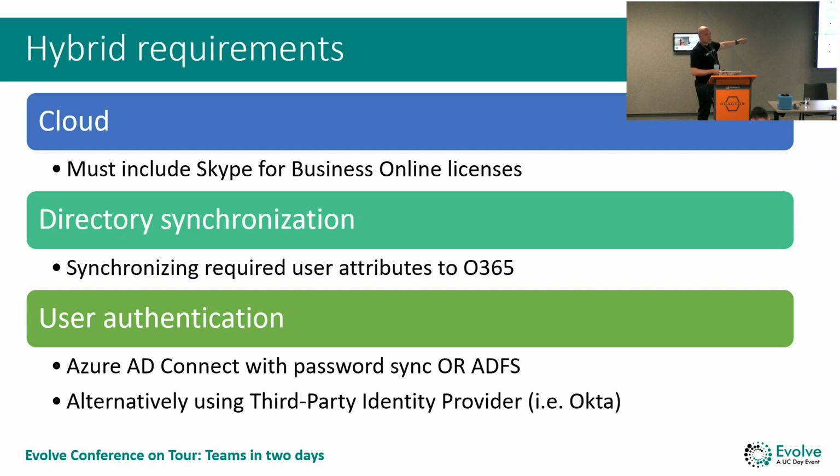And if you're using Exchange Hybrid, if you're also planning on using hybrid identity, if you're planning on allowing people to sign into Office 365 using the current AD credentials, then you're likely synchronizing to Office 365 using Azure AD Connect. And we need people to either have password sync in place or Active Directory Federation Services or a third-party identity provider. They need to be able to sign in with some sort of common credential into Office 365.